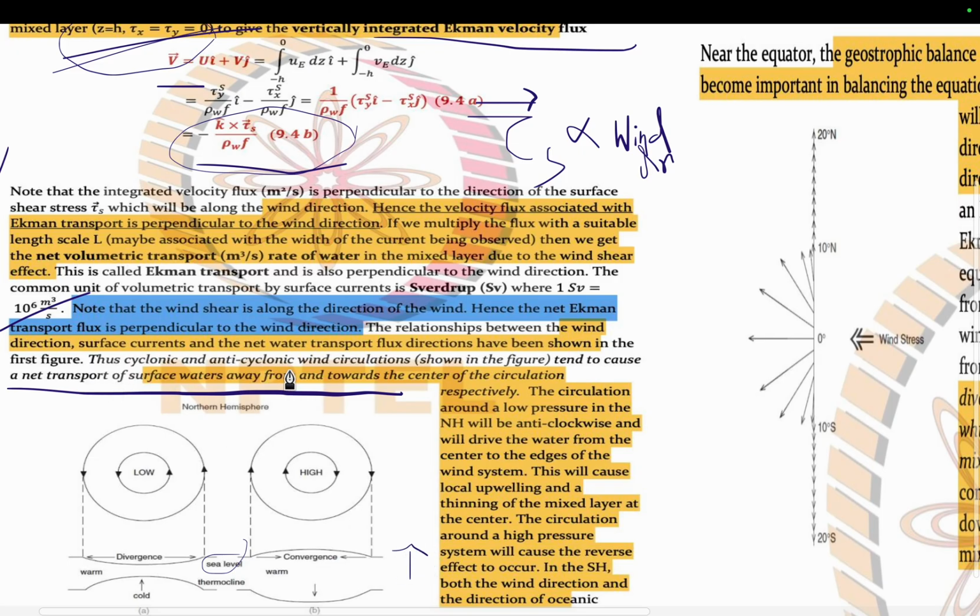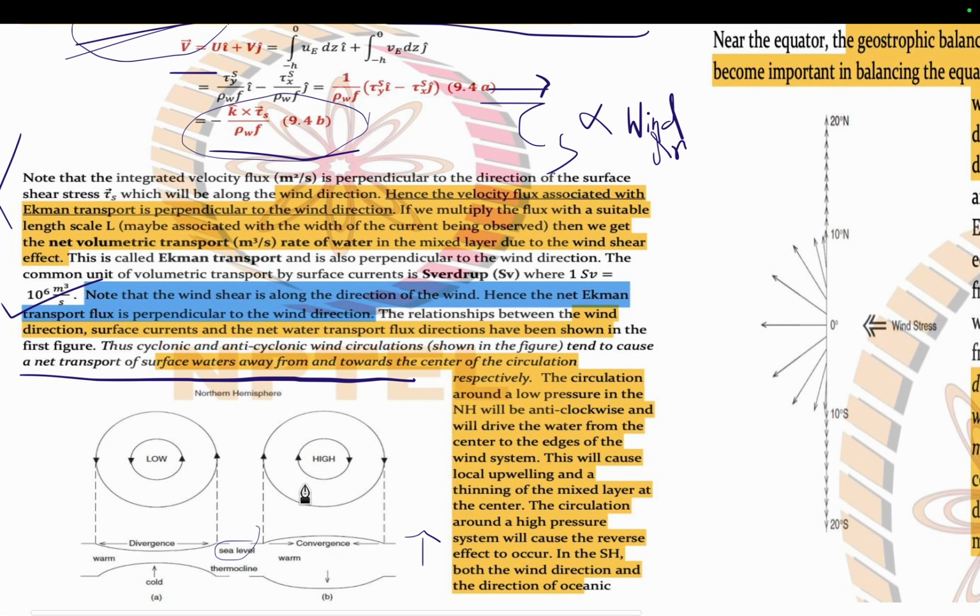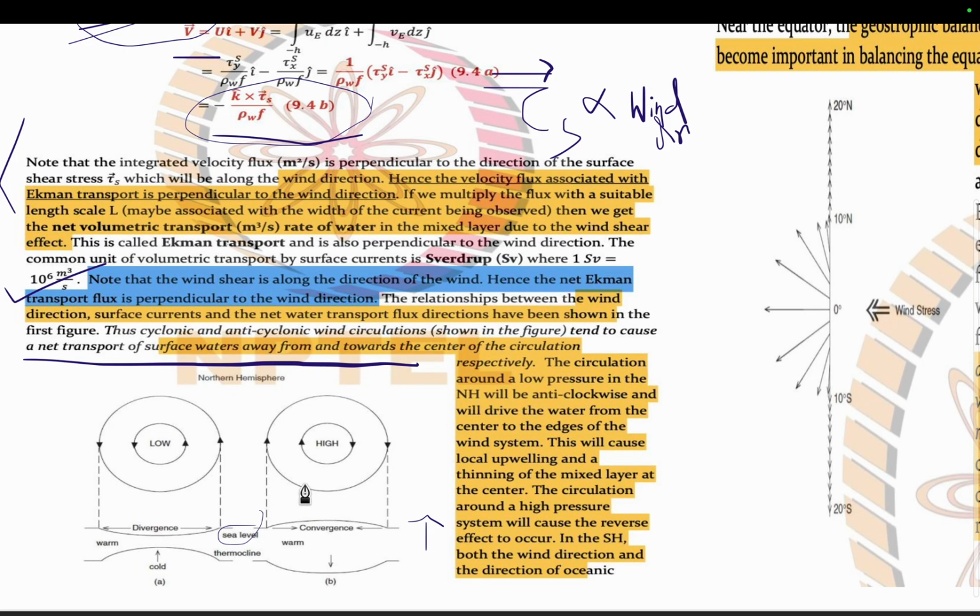So the cyclonic circulation tends to transport the surface water away from its center, and the anticyclonic circulation tends to bring the surface water towards the center. It's not clear, ma'am, why it is against the gravitational force.